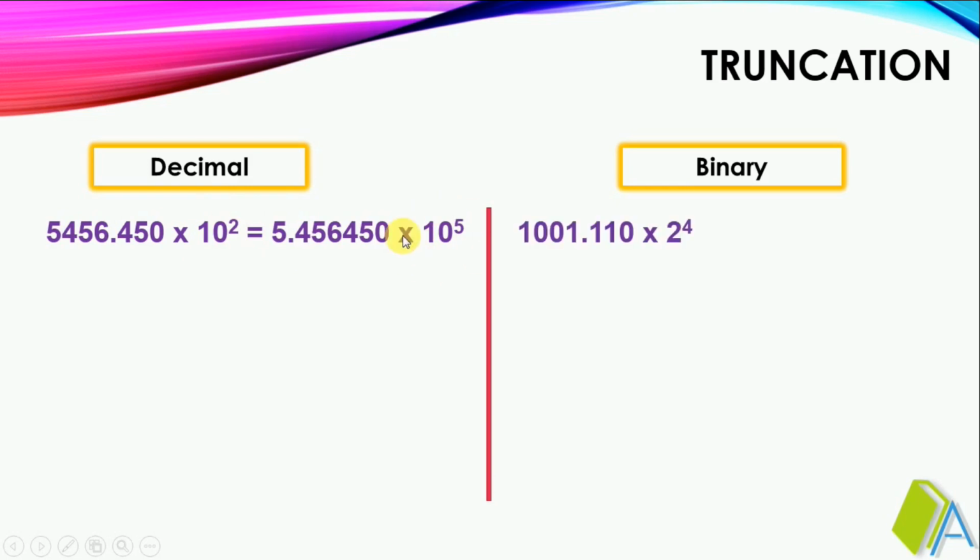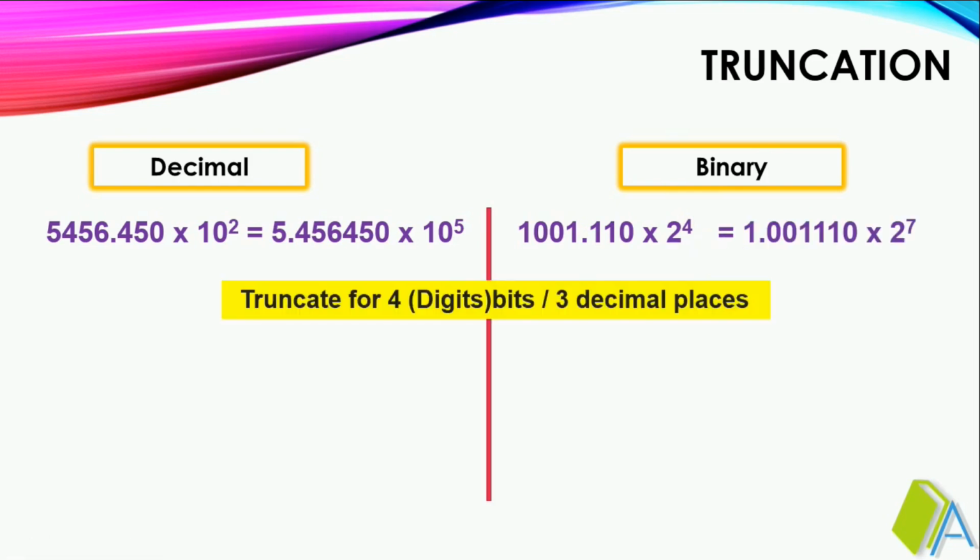If you see the example in the binary case, here also you have to shift the decimal point towards the left 3 bits, so you have to increment the exponent value by 3. According to the question, we have to truncate the given number to 4 bits or 3 decimal points. 4 bits means 1, 2, 3, 4, so we have to consider these 4 bits for truncation. 3 decimal points means the number of bits after the decimal point should be 3, so 1, 2, 3.